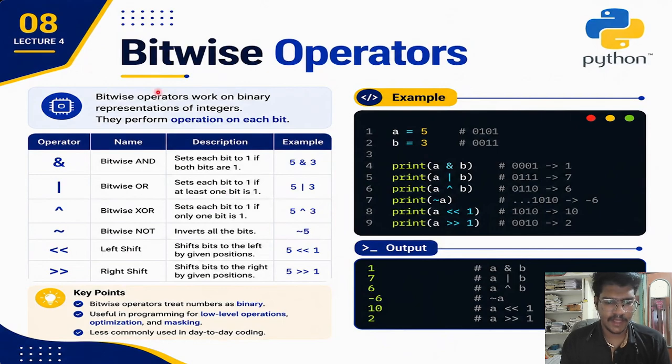In the XOR, the result bit is 1 only if exactly one bit is 1. Like 0 0 is 0, 1 0 is 1, 0 1 is 1, and 1 1 is 0. In a simple manner, you can remember that in XOR, if the bits are the same, 0 0 or 1 1, the result will be 0, otherwise it will be 1.